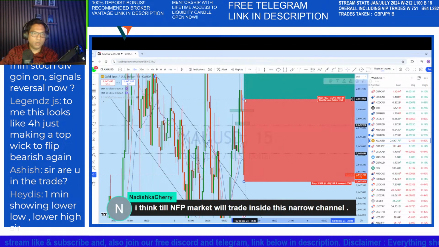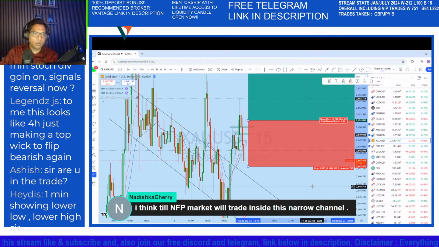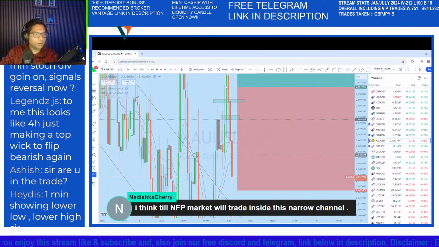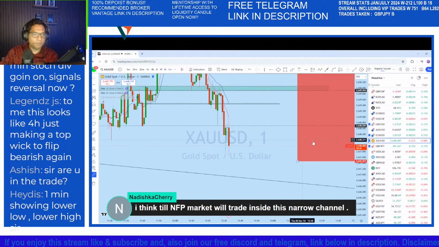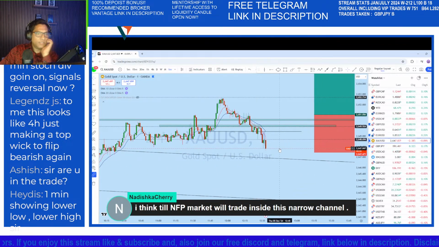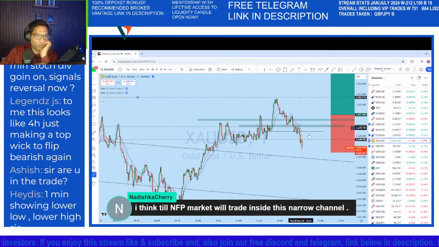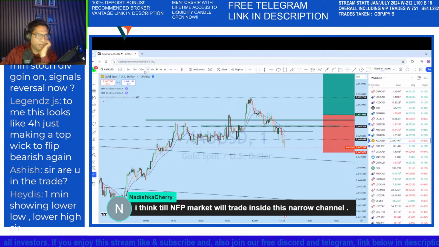So it dropped below all this low. So you can see the market just made this false breakout, returned back to the support level.